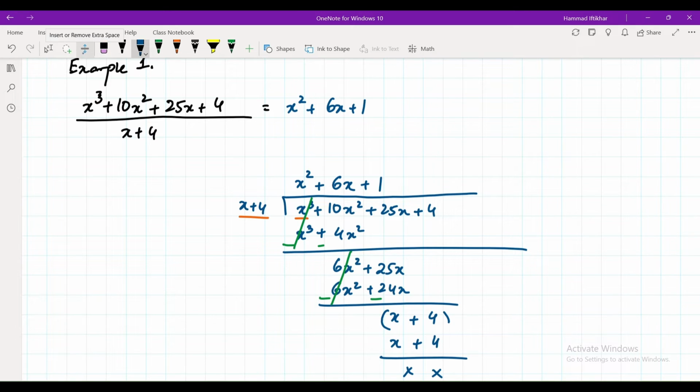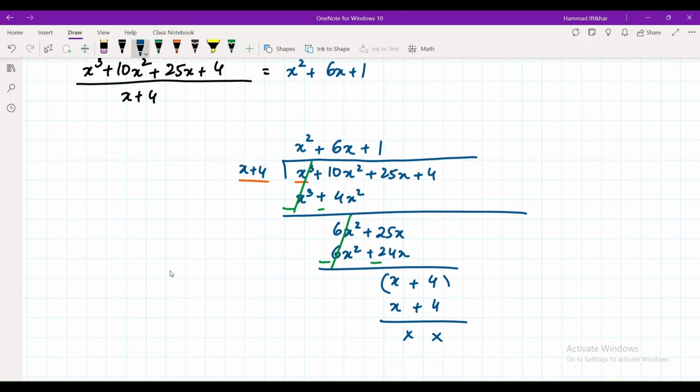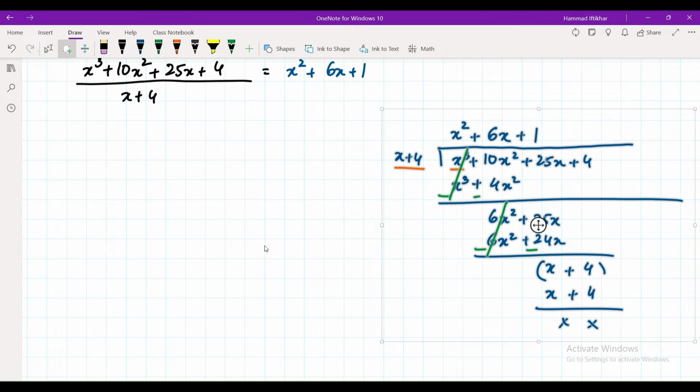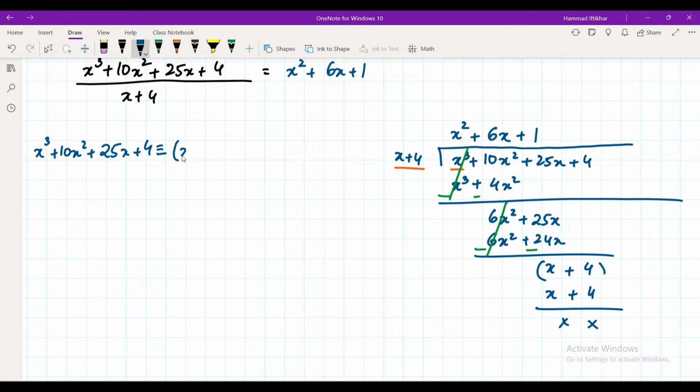Another way we could rewrite the same information is by writing the cubic expression as a product. So let's see how we can actually do that. We could say x cubed plus 10x squared plus 25x plus 4 is identical to x squared plus 6x plus 1 times x plus 4.